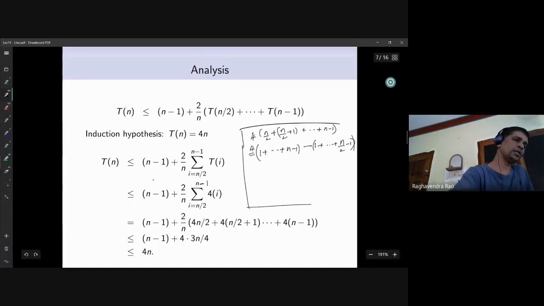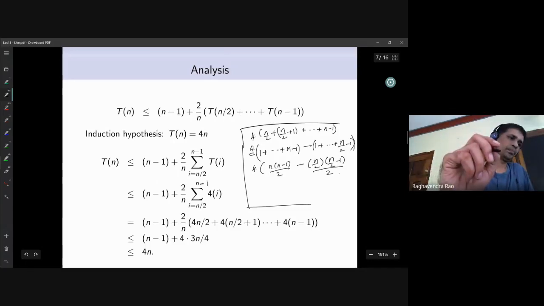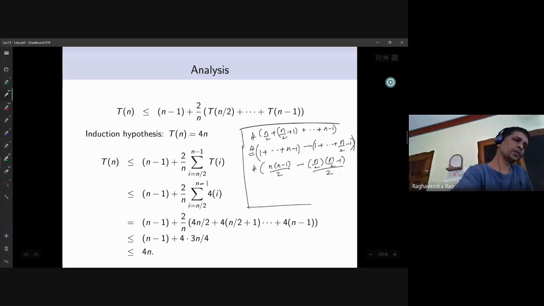So what is this quantity? This is 4 into n into n minus 1 by 2, minus n by 2 into n by 2 minus 1 whole divided by 2. So you can roughly upper bound this by 3 by 4n.